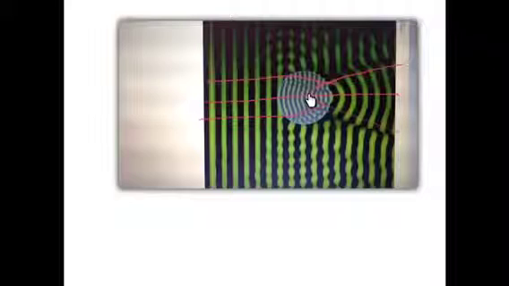This point is called the focal point, or the focus. And if we were to view an object through, say, a sphere of diamond, this is where the object would appear to be. It wouldn't appear that the object was behind the circle, it would appear that the object was inside the circle.